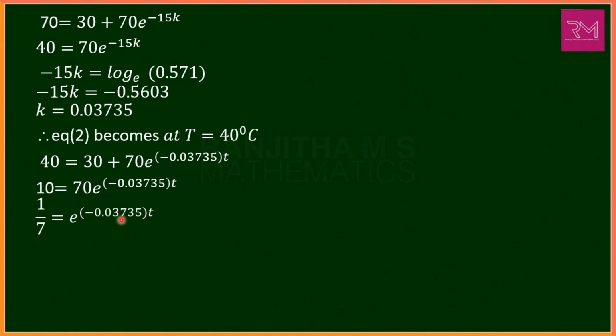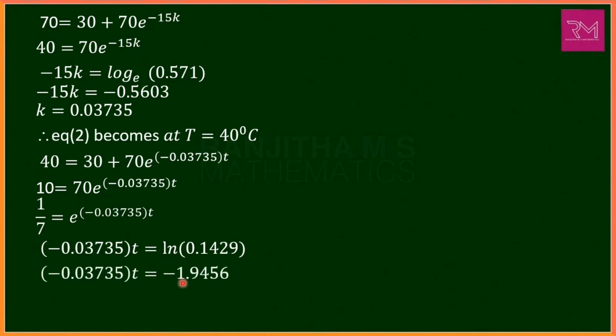Next step, to obtain the value of t, taking log on both sides, we get log of exponential power of minus 0.03735 into t, that is minus 0.03735 into t, which is equal to log of 1 by 7 to the base e, we can take it as ln of 1 by 7, which is 0.1429. Once you obtain ln of 0.1429 in the scientific calculator, we get minus 1.9456.